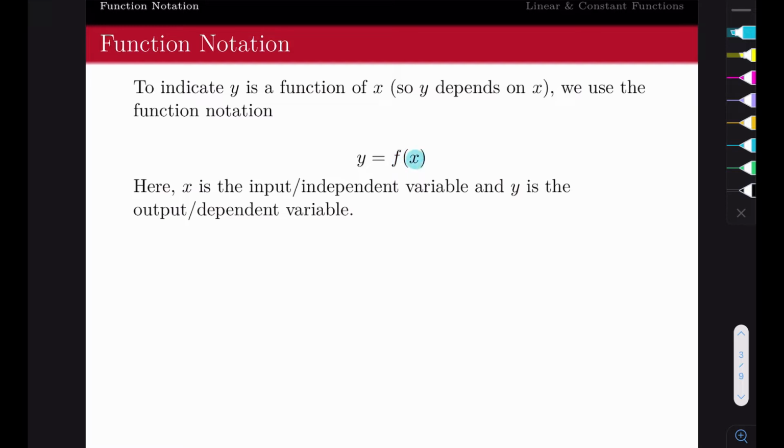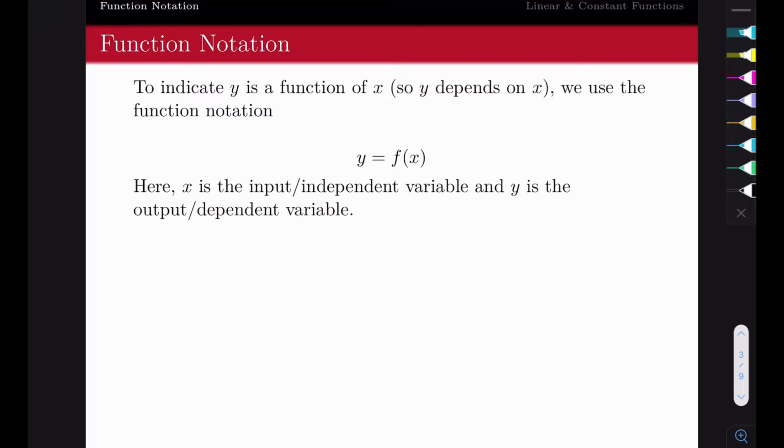This x is the input to the function, and the output are these y values. So our x is that input, which is our domain. It is also called our independent variable, so there are no restrictions on it. But we're going to have some kind of expression that tells us what the y value has to equal. So the y is an output, but a dependent variable.